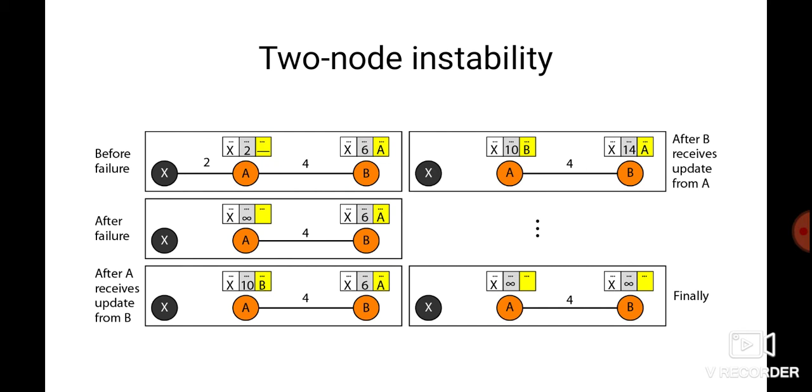Basically, B is actually dependent upon A, but A will think that I cannot go to node X, but B can go, and then A will update its table after receiving the update from B.